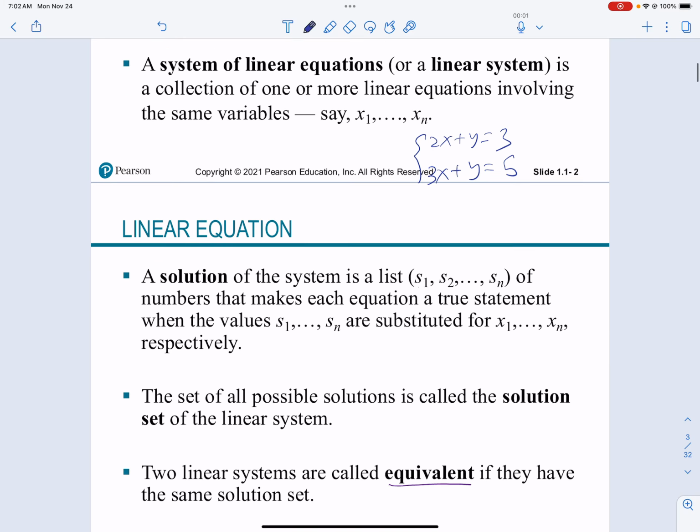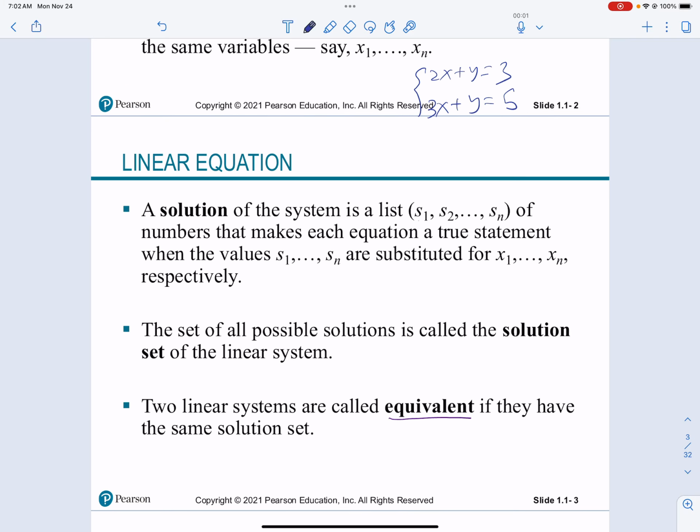Okay, and what is a solution? A solution means we want to find x, y such that both of the equations work. So a solution for a linear system may have more than 2 entries, maybe n of them. We find a list of n-tuples such that when we substitute, every equation holds.